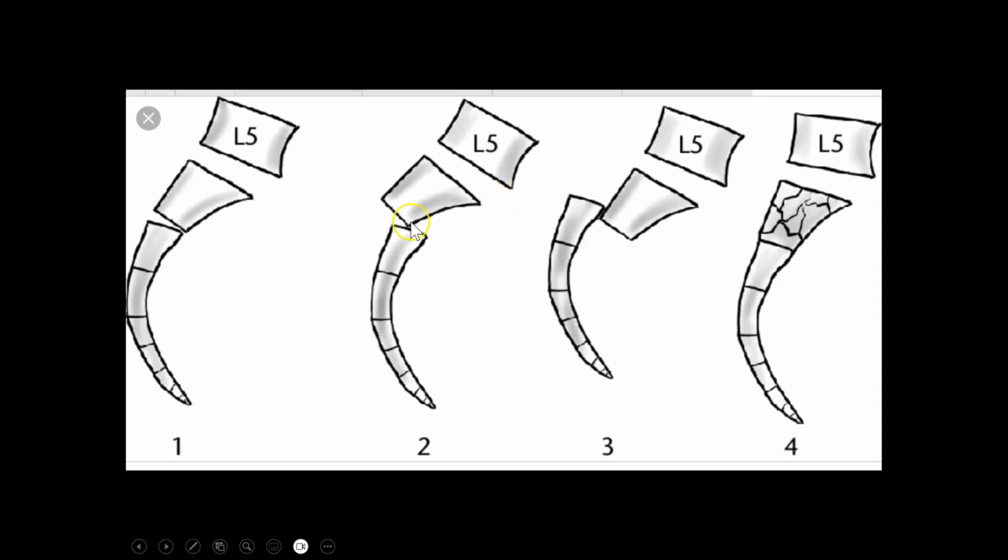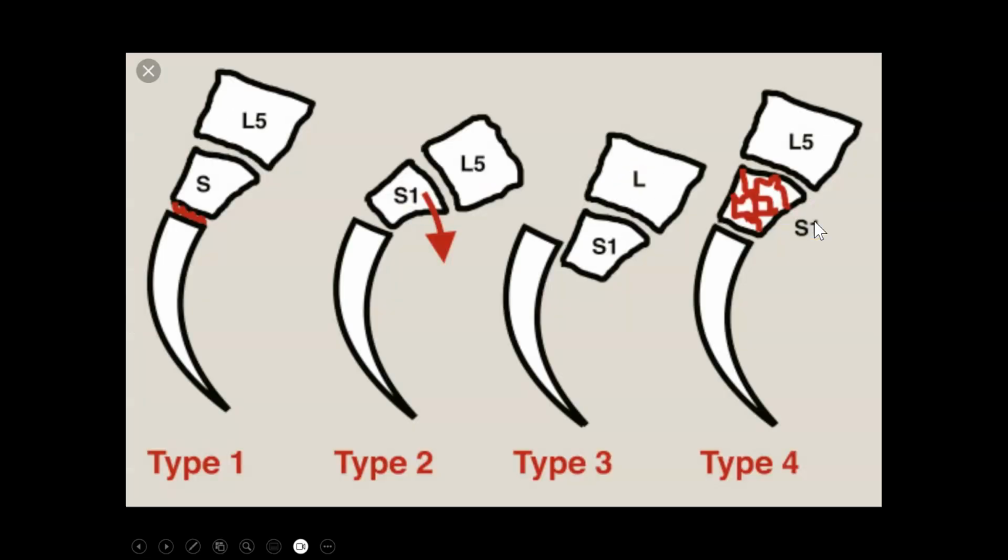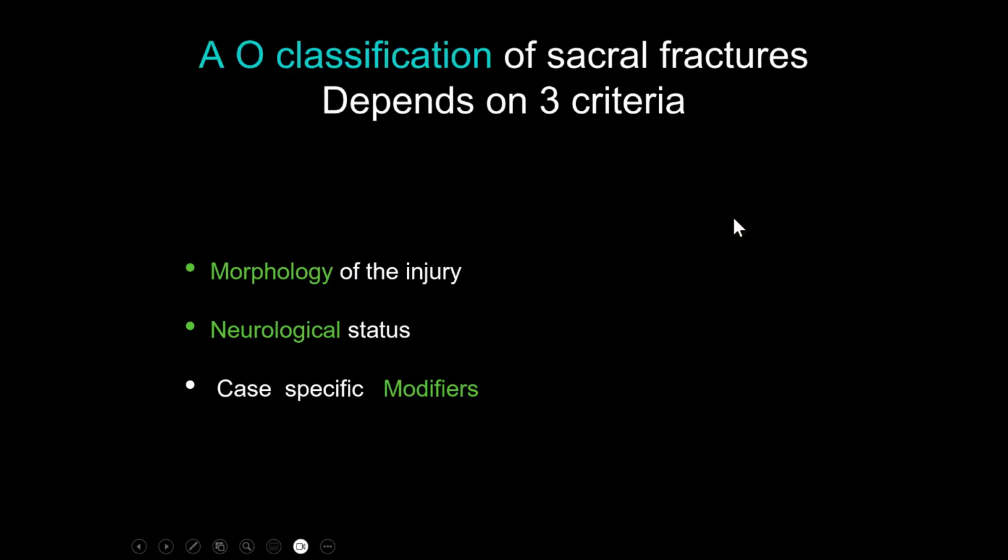So in Dennis, looking anteroposterior. In Roy-Camille, looking lateral. Type 1, in place, angulated, partially displaced, totally displaced, impacted.